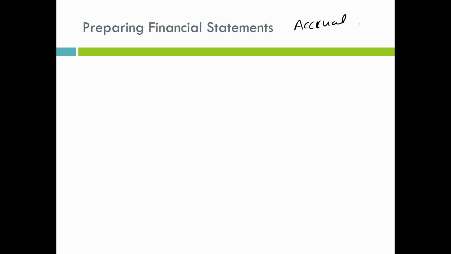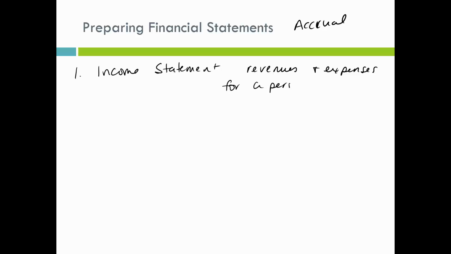So we really do 4 main financial statements. The first one we always do is the income statement. That shows the revenues and the expenses and the net income for a period of time.